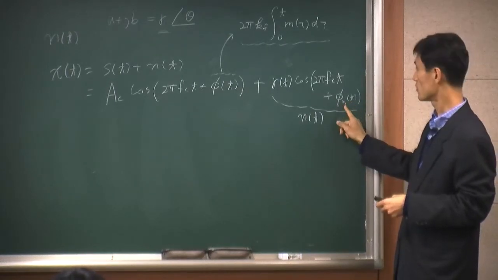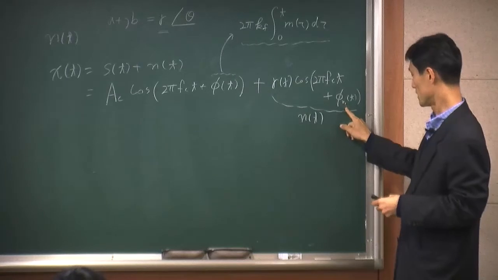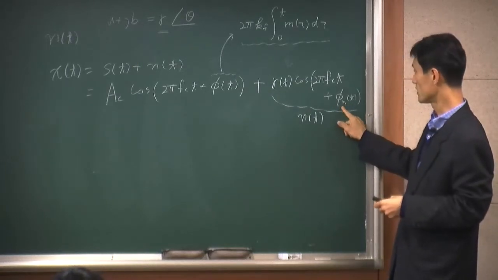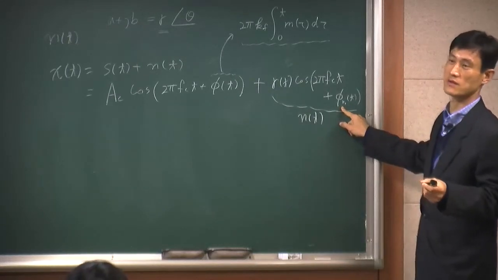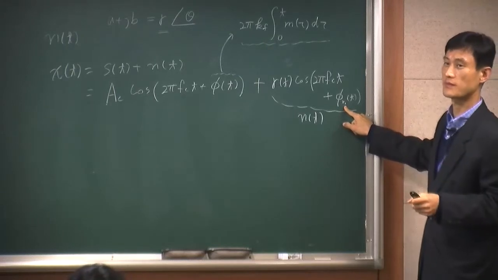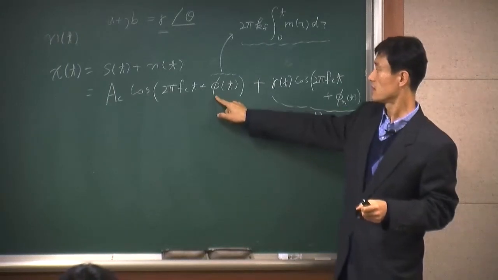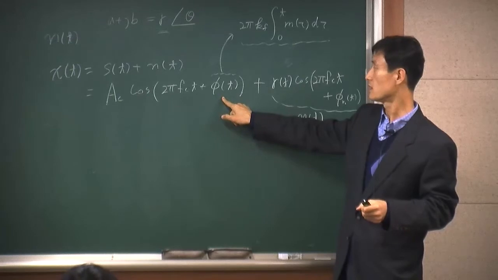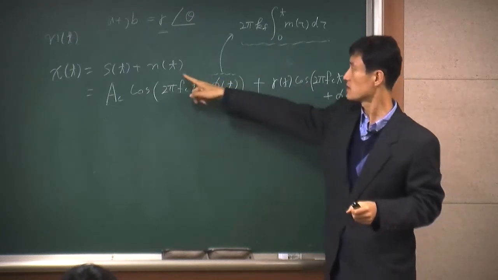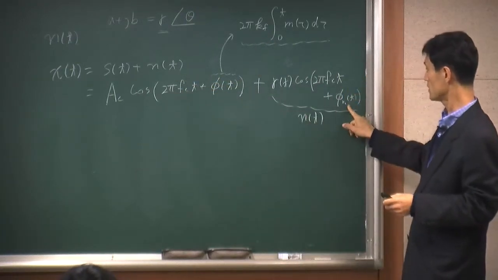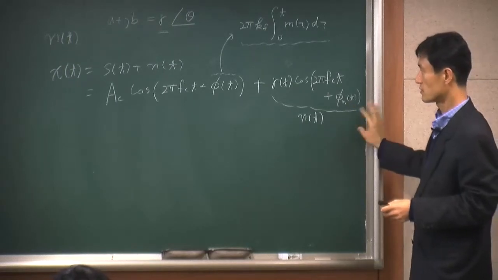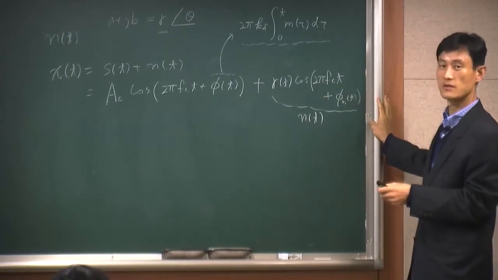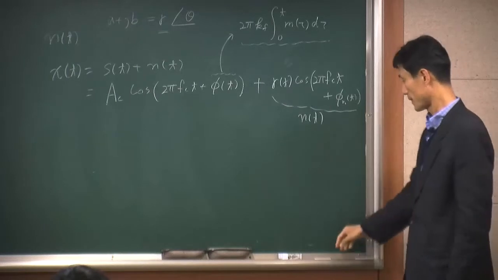So the important thing in FM is this one, phi nt. This is the phase of the noise. Noise has its own phase. And this one is the phase of the signal part. But this is the phase of the noise. So that's how to start for FM.